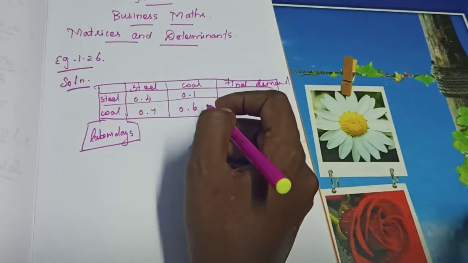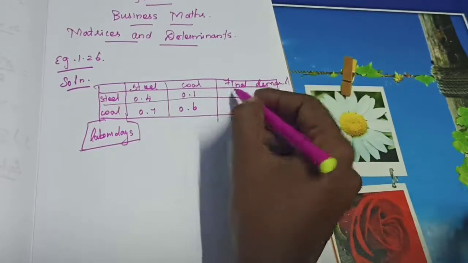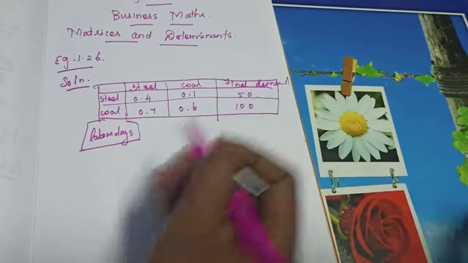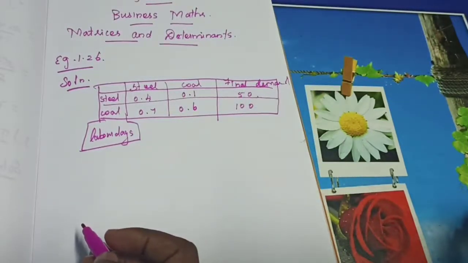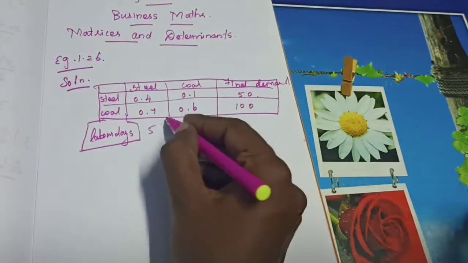Then final demand is given as, how much did they give? If the economy needs 100 tons of coal, so it is coal. Then steel, how much? 50. Then labor days is given. 2 and 5 labor days are required to produce a ton of coal and steel. So it's 5, it's 2.